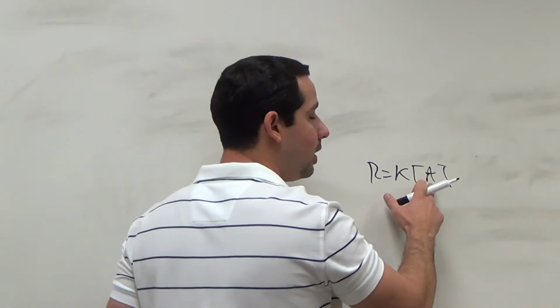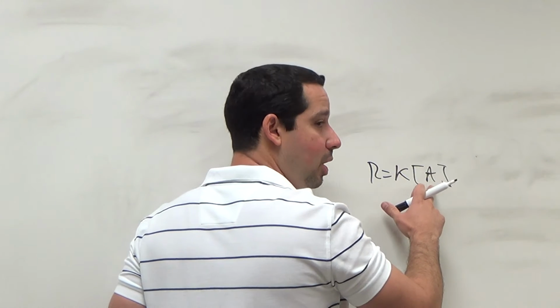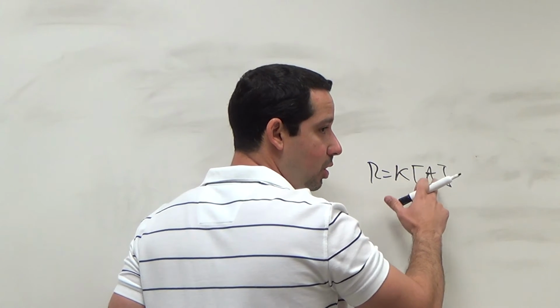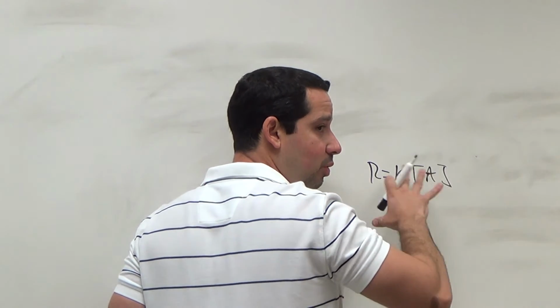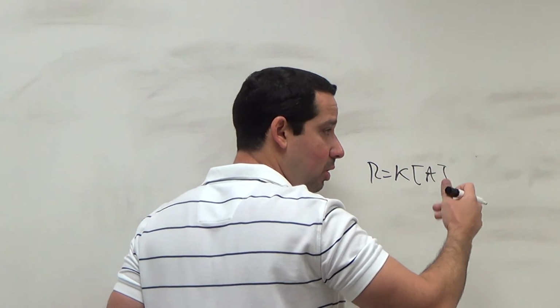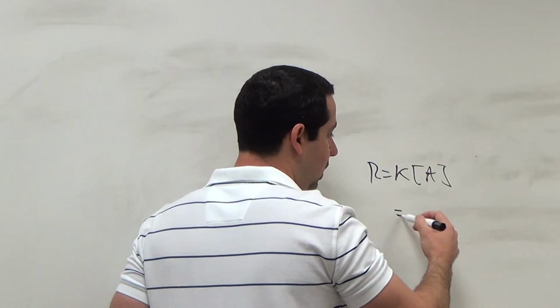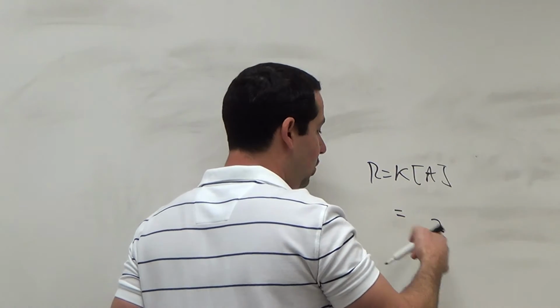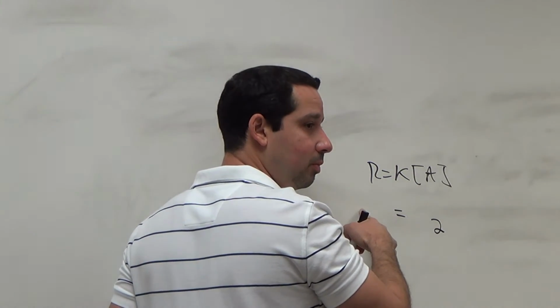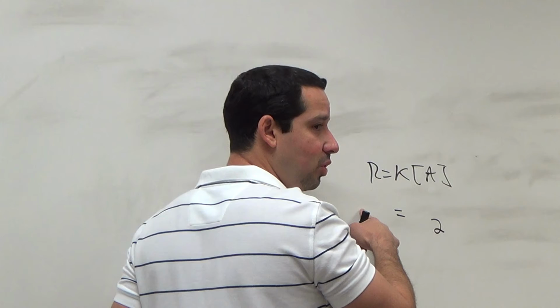No. All you need to know is that if I double this, there is going to be a factor of 2, yes? If I multiply the concentration by a factor of 2, what happens to the rate? It's twice as much. It increases by a factor of 2.